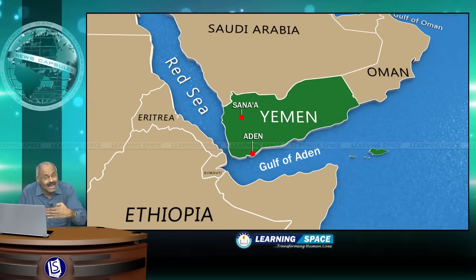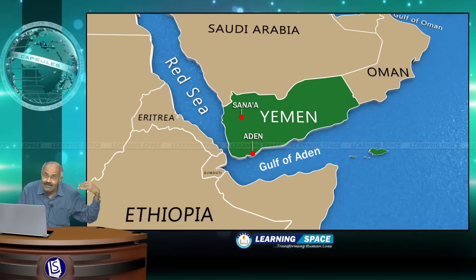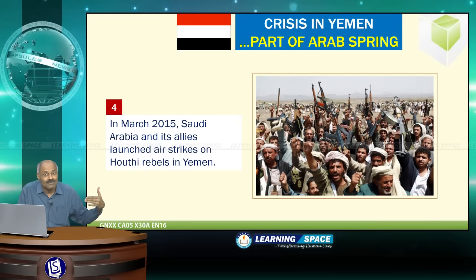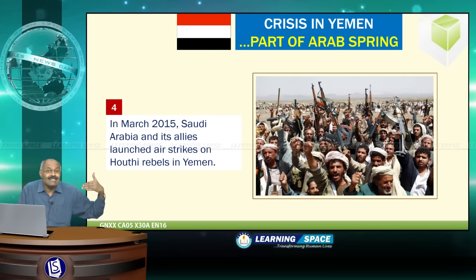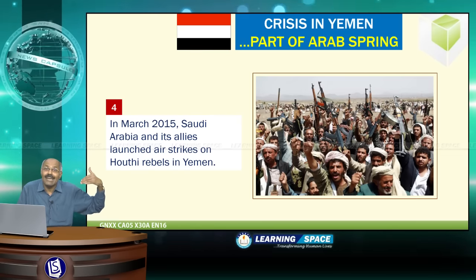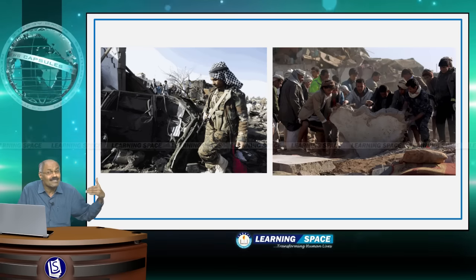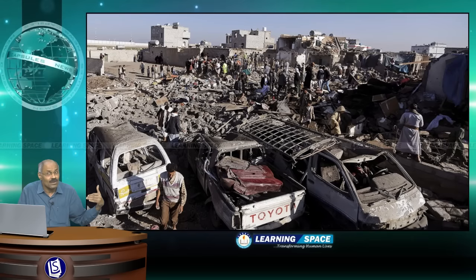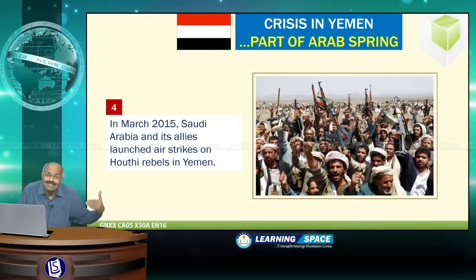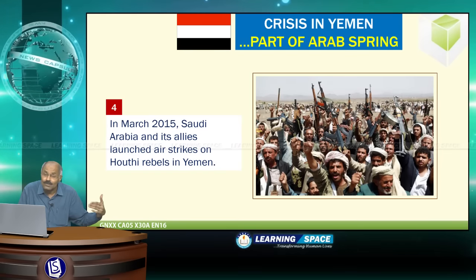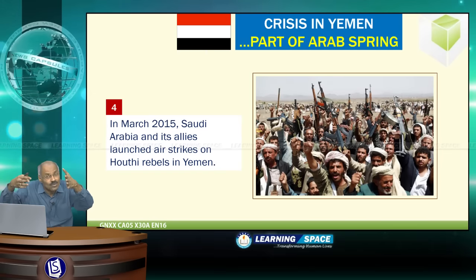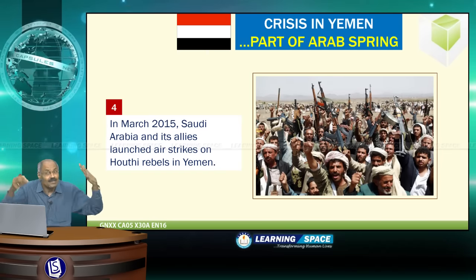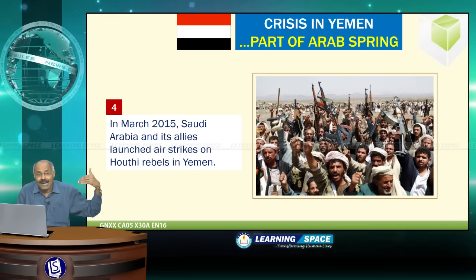Please look into this slide. And subsequently, in March 2015, Saudi Arabia and its allies launched airstrikes on Houthi rebels in Yemen. And please don't forget, the Houthi rebels are allegedly supported by Iran. So it is a power play between Sunni and Shia factions in West Asia, right?